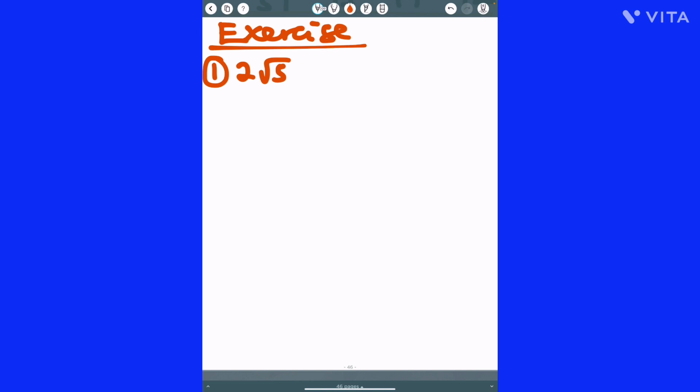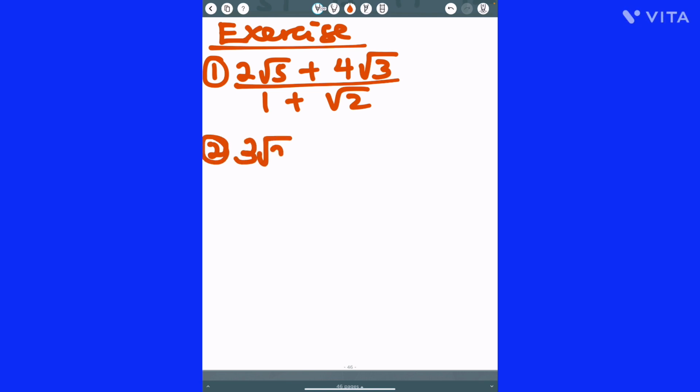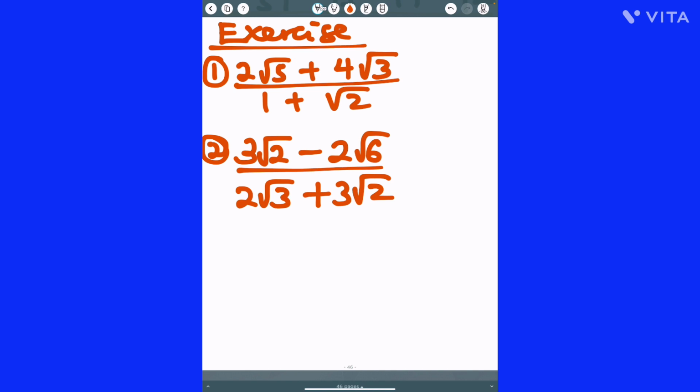Number 1: 2 root 5 plus 4 root 3 all over 1 plus root 2. Let's make this number 2: 3 root 2 minus 2 root 6 all over 2 root 3 plus 3 root 2.